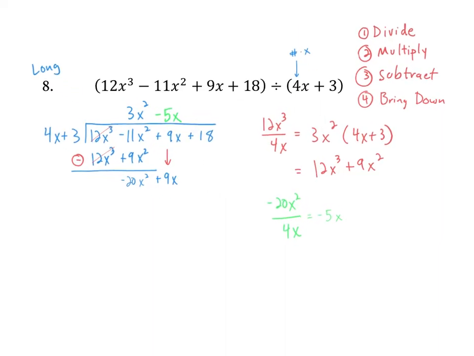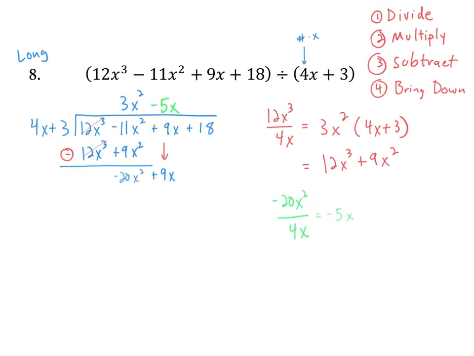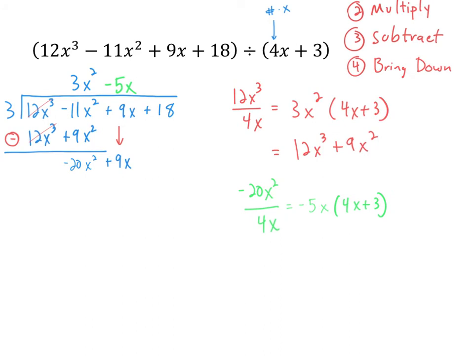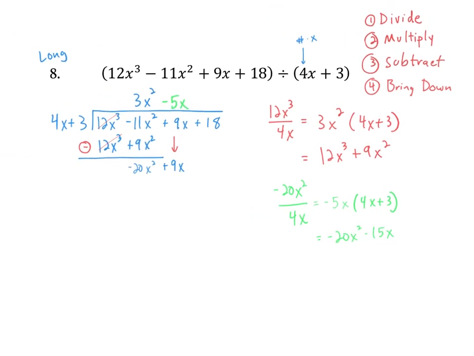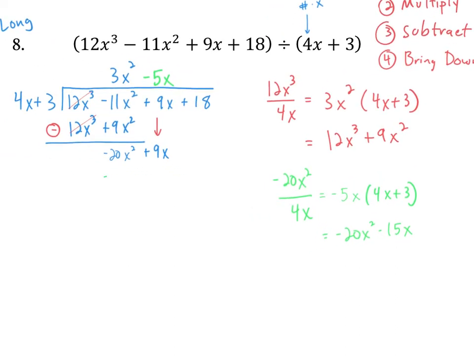Okay, after we divide, now we multiply. Multiply by the divisor, and then distribute. Then we'll line that up under here, and then we'll subtract.